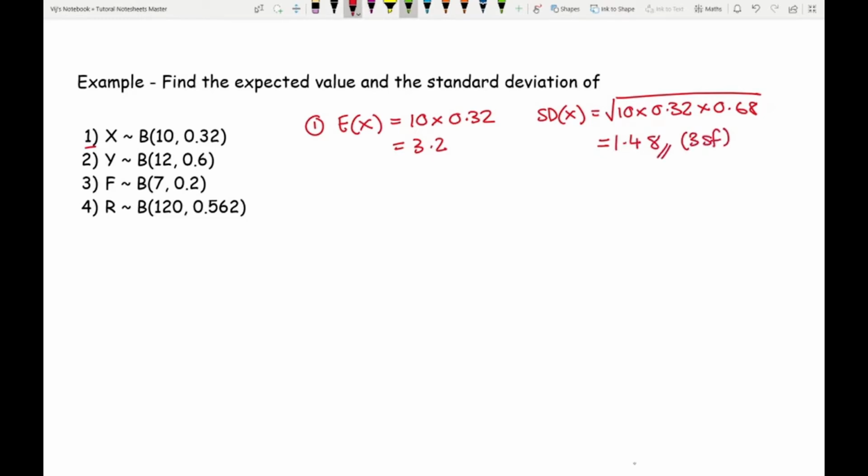Then moving on to question 2, let's do that in green. So here I'm going to look at the E of y, and for this I'm going to do 12 times 0.6, and again typing that into your calculator, we should get 7.2.